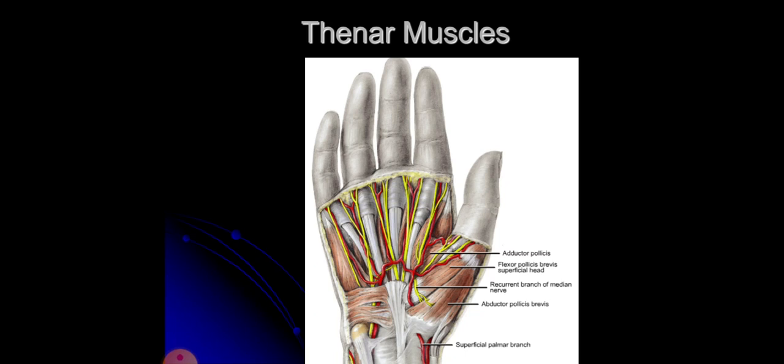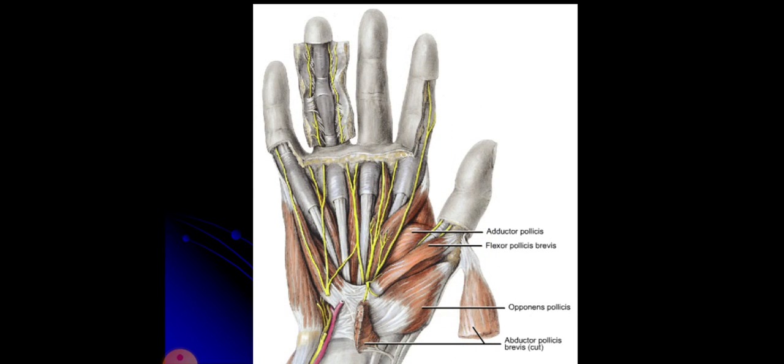When you remove these two muscles, you can see the opponens muscle. As you see here, we remove the abductor, you can see opponens. These three muscles form the thenar eminence, and we have a fourth muscle which belongs to the thenar group but does not participate in the formation of the thenar eminence, which is adductor pollicis.